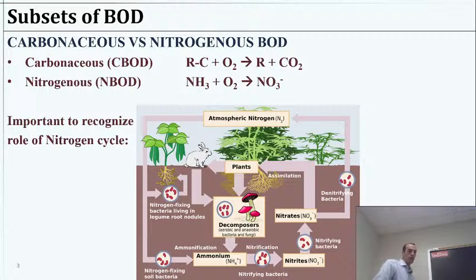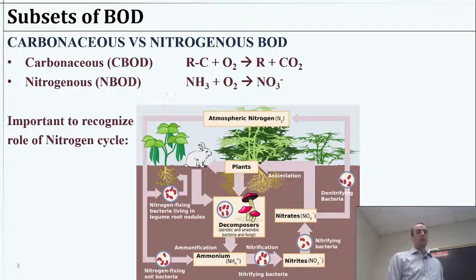Then nitrogenous BOD, this occurs when organisms can take, let's say, ammonia and convert it to nitrate or nitrite, or kind of go along that sequence, typically extracting some energy out of that, doing that conversion with a biological system.